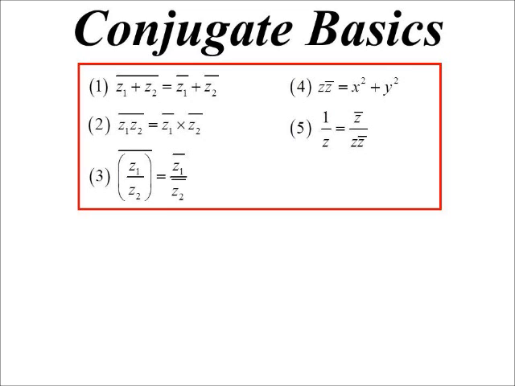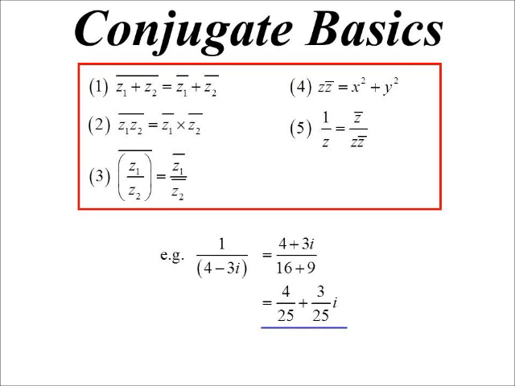So the very quick way of doing it is to say, oh, well, if I want to find the reciprocal, conjugate will go on top, and then I just got sum of two squares on the bottom. There's my answer. So if I want to find the reciprocal of 1 on 4 minus 3i, I say, okay, well, the conjugate is 4 plus 3i. On the bottom, sum of two squares, so 16 plus 9 is 25. And there's my answer. I found the reciprocal of that complex number.